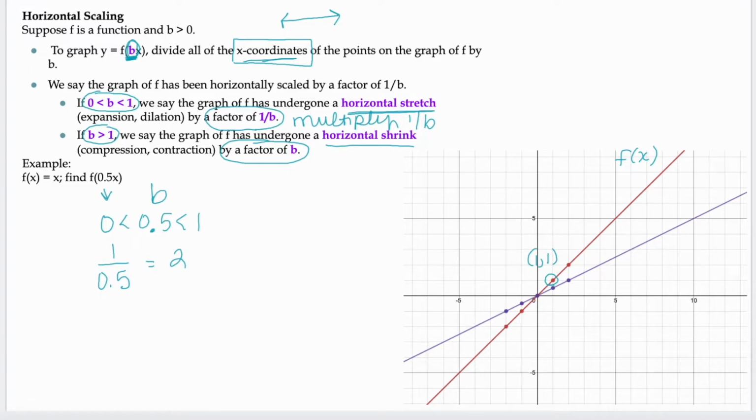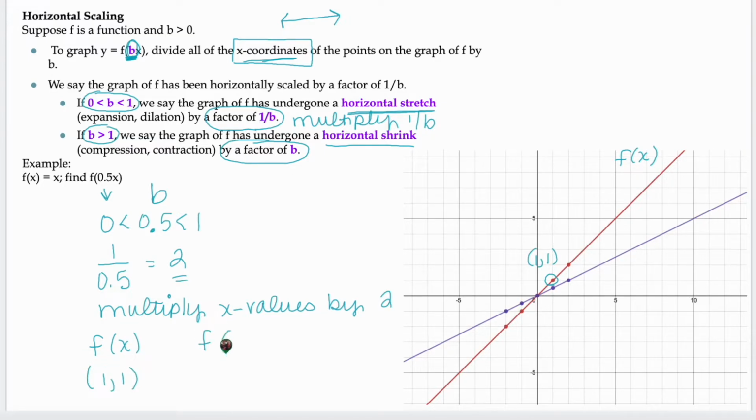Therefore, we're going to multiply our factor. We'll multiply our x values by 2, 1 over b. So in our original function, we used the point 1, 1.